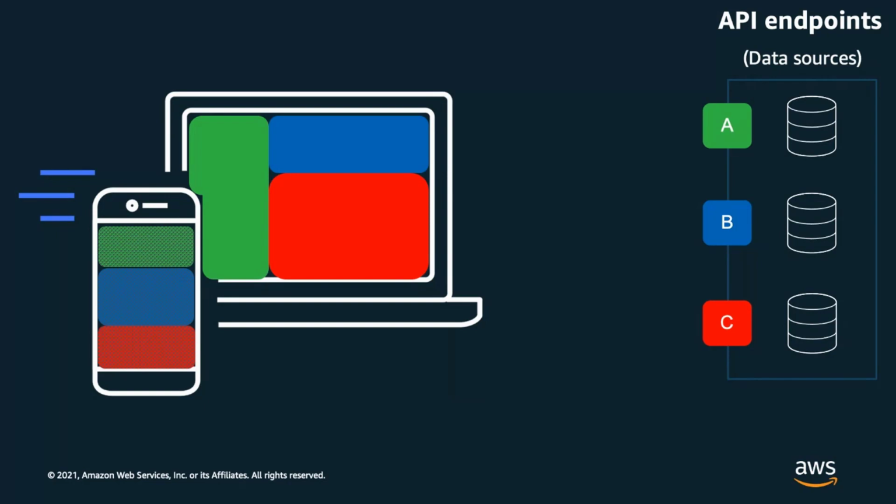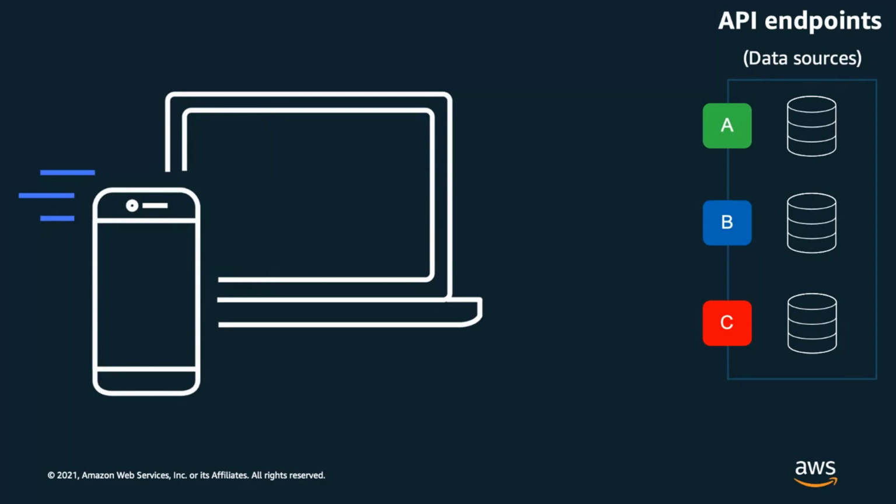We can imagine we have one for orders, one for products, and one for inventory. So let's say we are talking about an e-commerce application. So imagine now that we have users accessing data from different devices, a mobile phone and a laptop. Users log into the system and want to retrieve their data. And in order to do so, they need to access the API endpoints to load the required data to their devices.